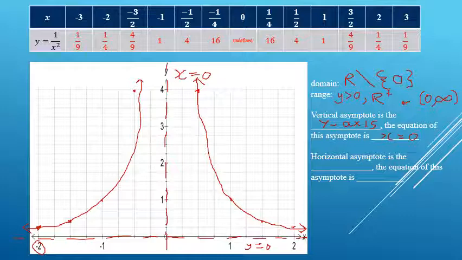So the horizontal asymptote here we can see is the x-axis. And the equation of this asymptote is y equals 0. Once again, if you look at the next slide, you'll see that it looks a bit easier to read. So let's go across to that.